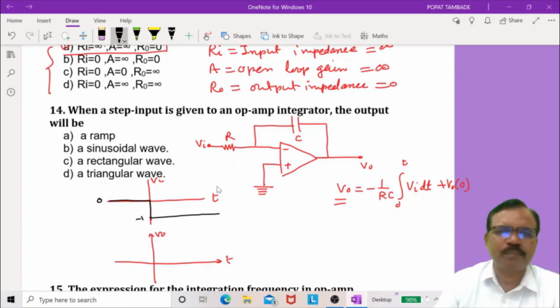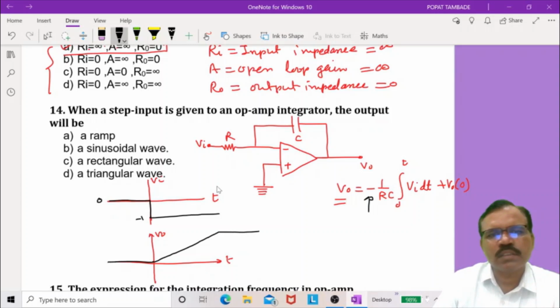So this is a step. So what happens to the output? When the input is 0, the output is also 0. But when the input becomes minus 1, the output is inverted. So the output goes on increasing linearly, and then it becomes constant, and that is the saturation value.